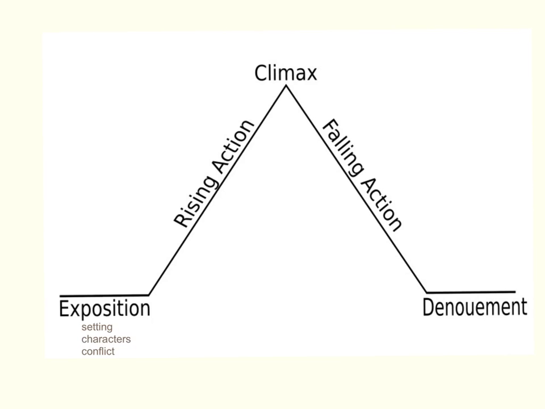So after we have some stuff introduced here in the exposition, we're going to move on to this point right here, which we call the initial incident. This is the first part of the book where the conflict first comes to the forefront and we start to head from the exposition into the rising action.